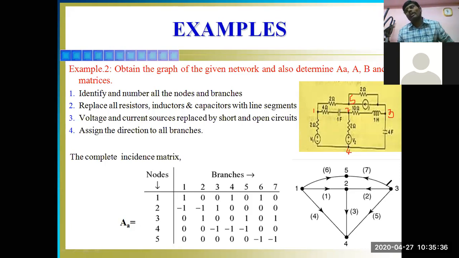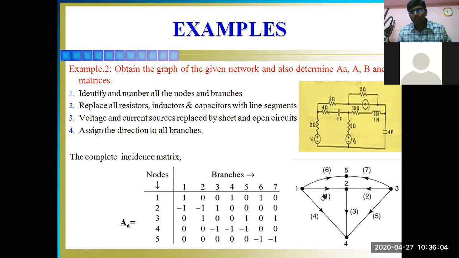So based on that, you have to give some numbers to the branches, and that is also an arbitrary numbering. Okay, so I get like this: 1, 2, 4, 5, 3.